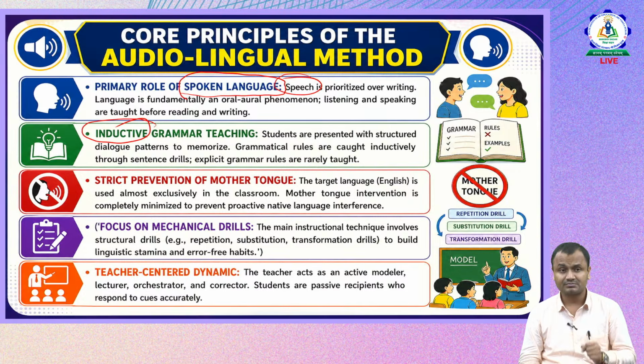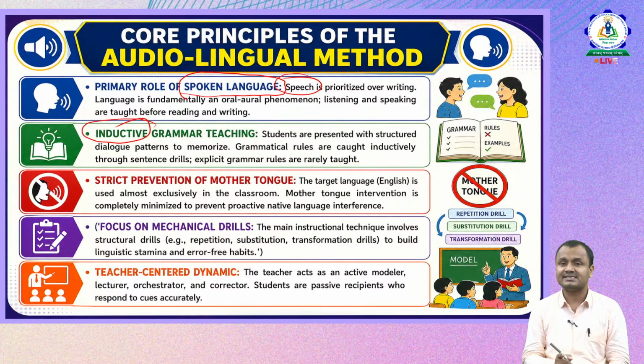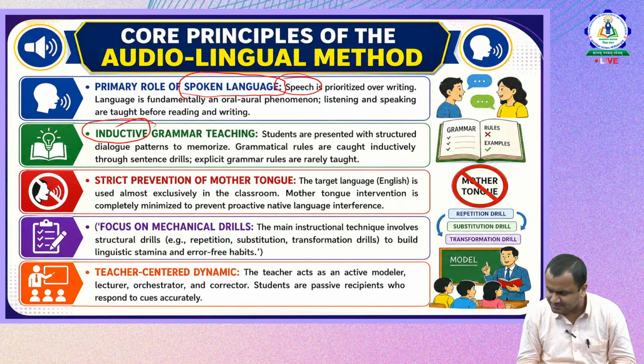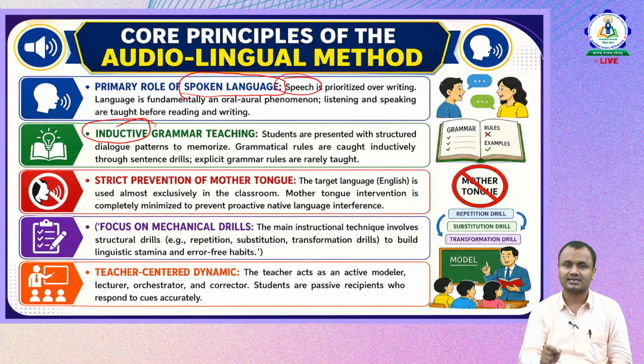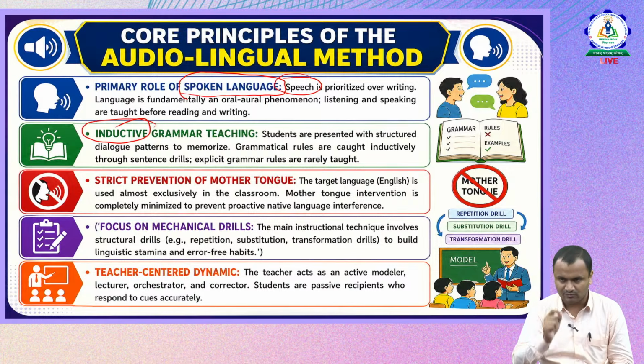Next is strict prevention of mother tongue, which means, see, if the question says define audio-lingual method in one word, we have to say native speaker. Why do we say native speaker?